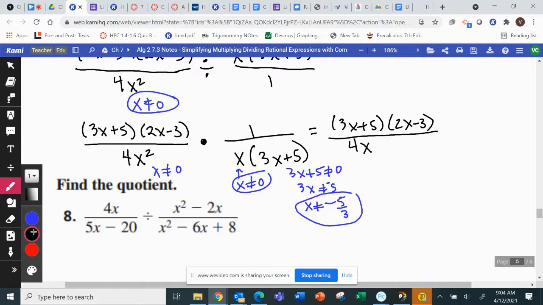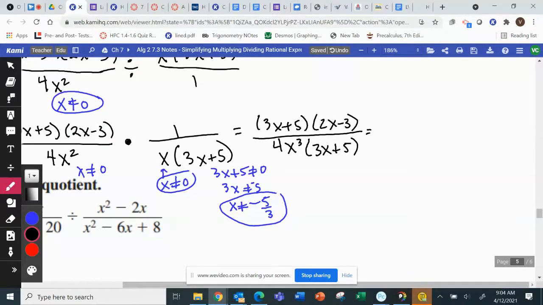And when I multiply 4x squared times another x, that's going to up the exponent, 4x cubed, times 3x plus 5 in the denominator. So I multiplied straight across.